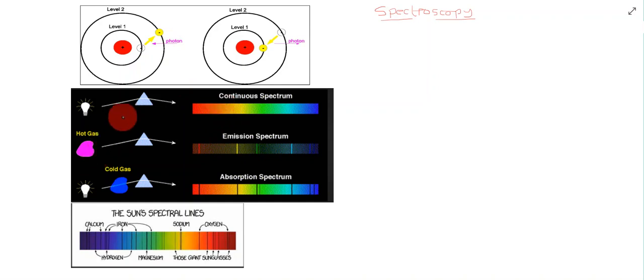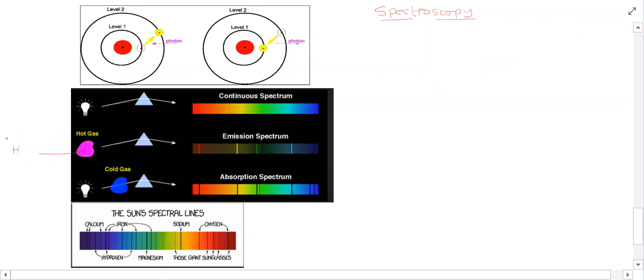So if you were to take, for example, a hot gas of hydrogen and add energy into all of the atoms that make up this gas, the electrons are going to get excited and move up to a higher energy level, and then they're going to move back down again. And when they do that, they're going to give off particular wavelengths of light.